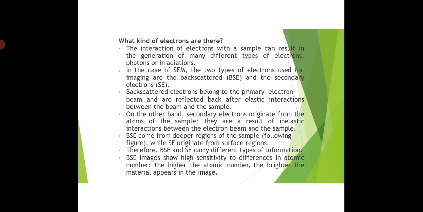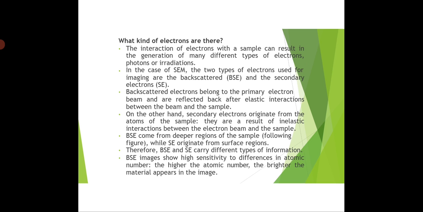Types of electrons. The interaction of electrons with the sample can result in the generation of many different types of electrons, photons, and other irradiations. In the case of SEM, the two types of electrons used for imaging are the backscatter electron, abbreviated as BSE, and the secondary electron, SE.